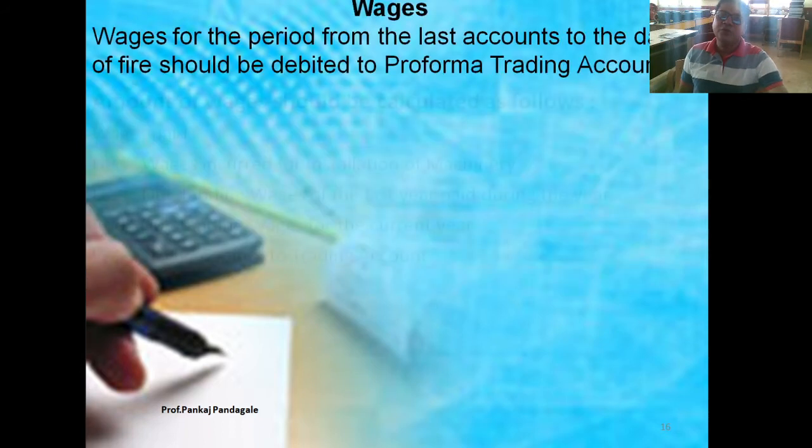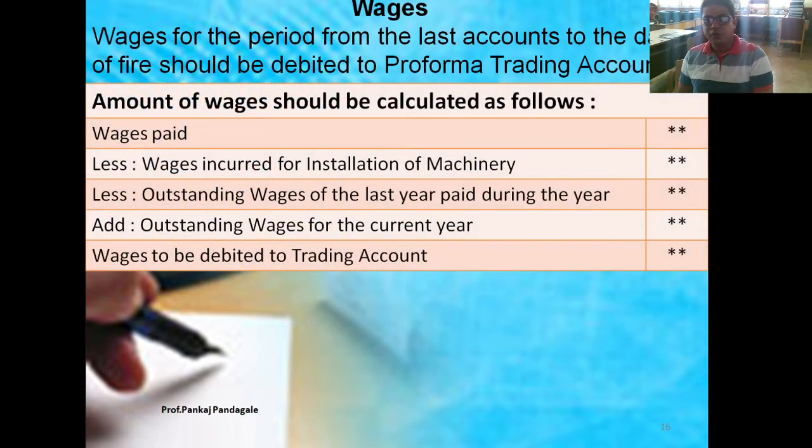Then friends, we have to show wages for the period from the last account to the date of the fire, and it should be debited to the pro forma trading account. How do we calculate the wages amount? From the wages paid, we deduct the wages incurred for installation of machinery and the outstanding wages of the previous year, and we add the current outstanding wages.